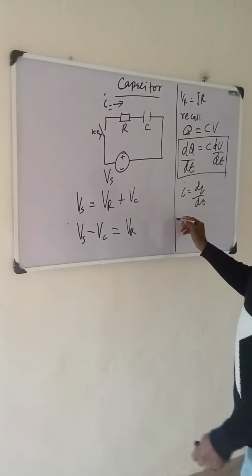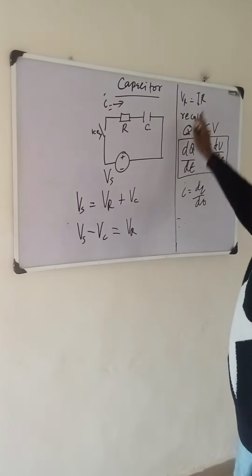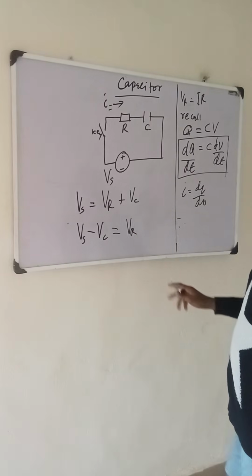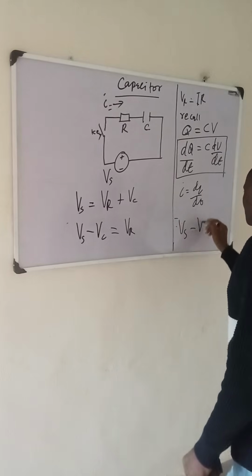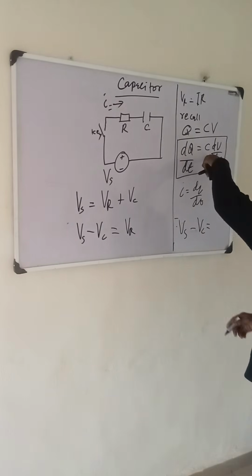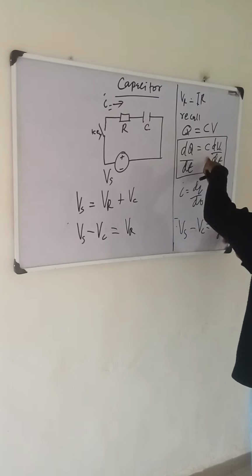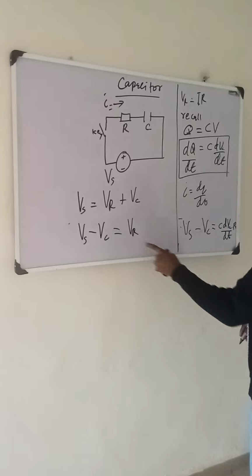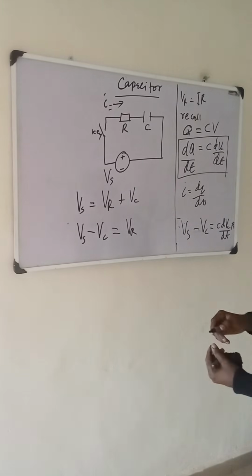Therefore, we can substitute for this I in this equation to give Vs minus Vc equal to, let's take this as I, C dVc/dt, multiplied by the resistor, because V is equal to IR. So I is this multiplied by that.